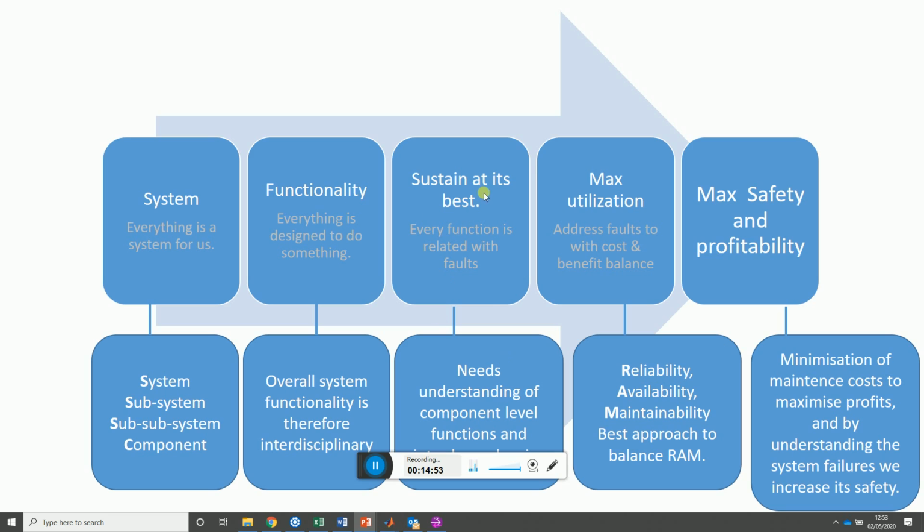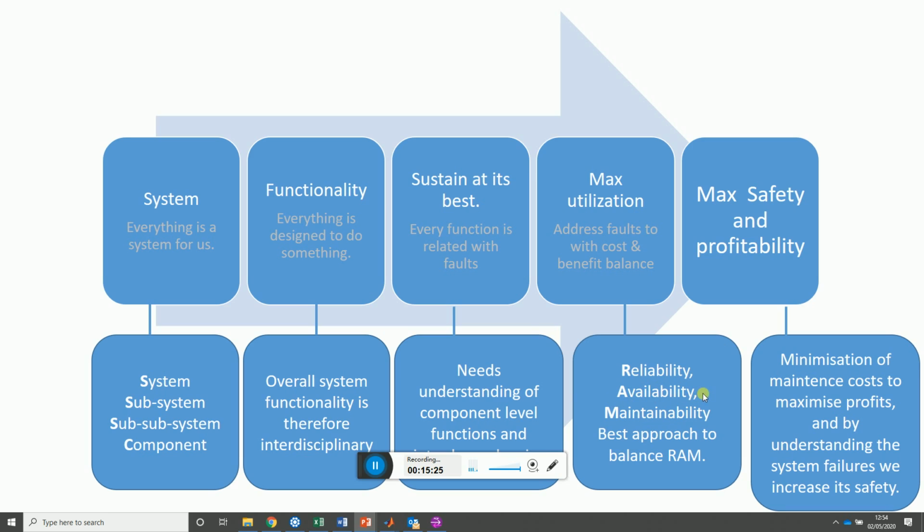By doing that, we are targeting maximum utilization. And we do this by balancing the cost and benefit of addressing those faults. We make our system more reliable by addressing the faults. We make our system therefore less prone to faults. If it's less prone to faults, then it will be more available, it will be more healthy, right?